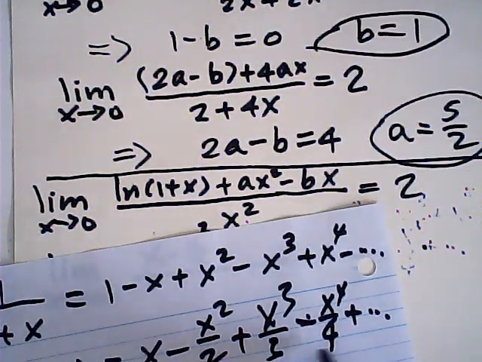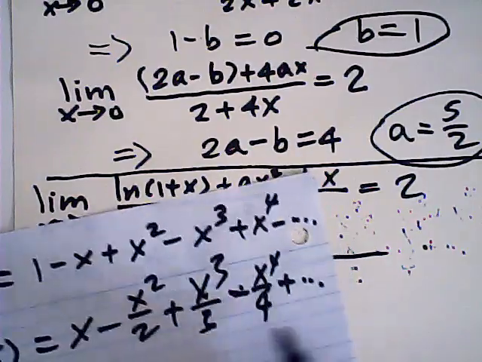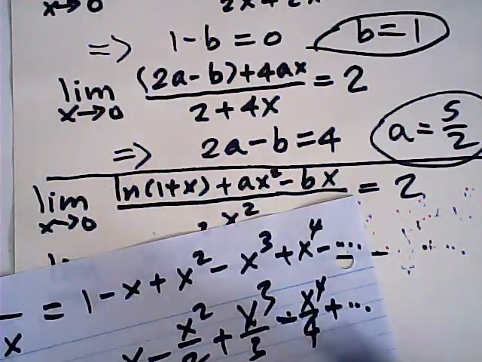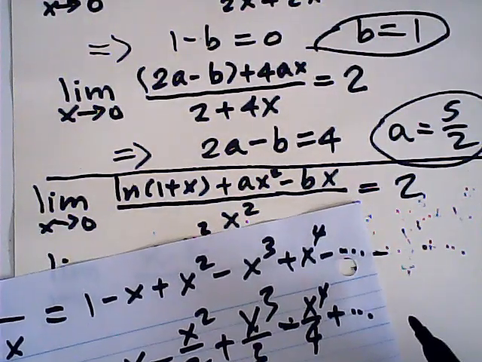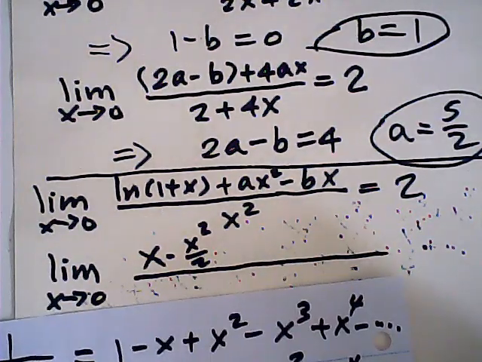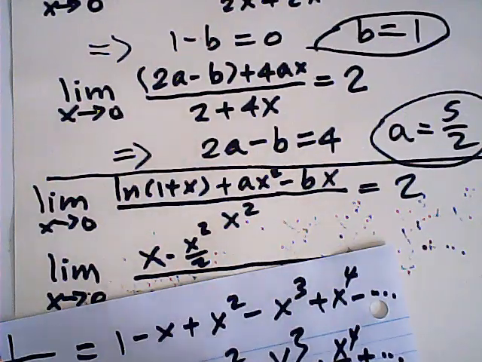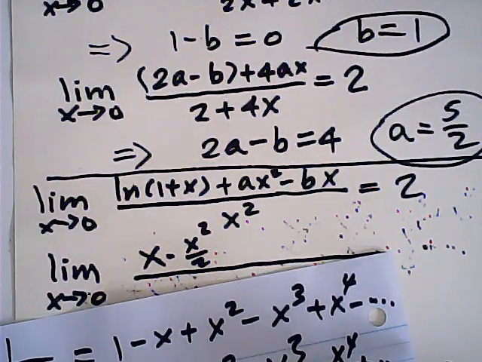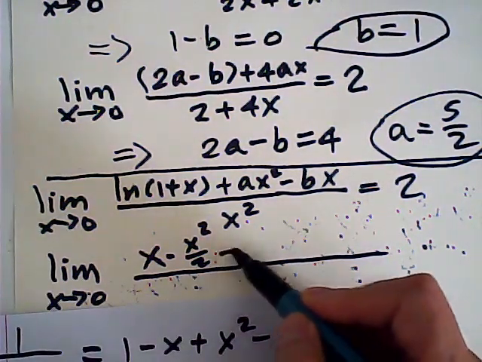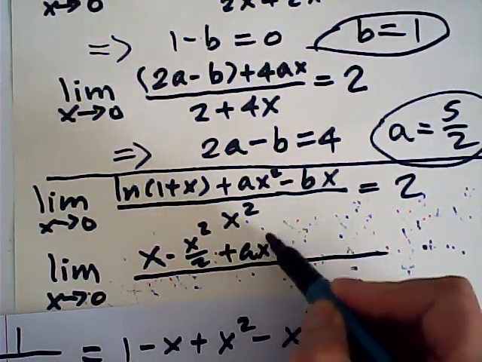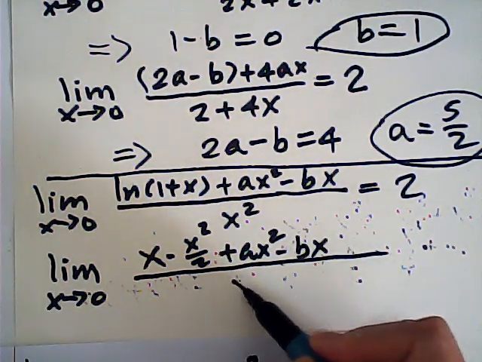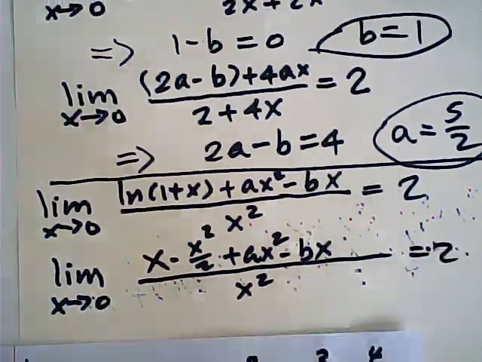Now, those terms onward, as x approaches 0, they're all zeros, and they will not affect a and b. So we don't have to consider the remaining terms. Plus ax squared minus bx, over x squared is equal to 2.